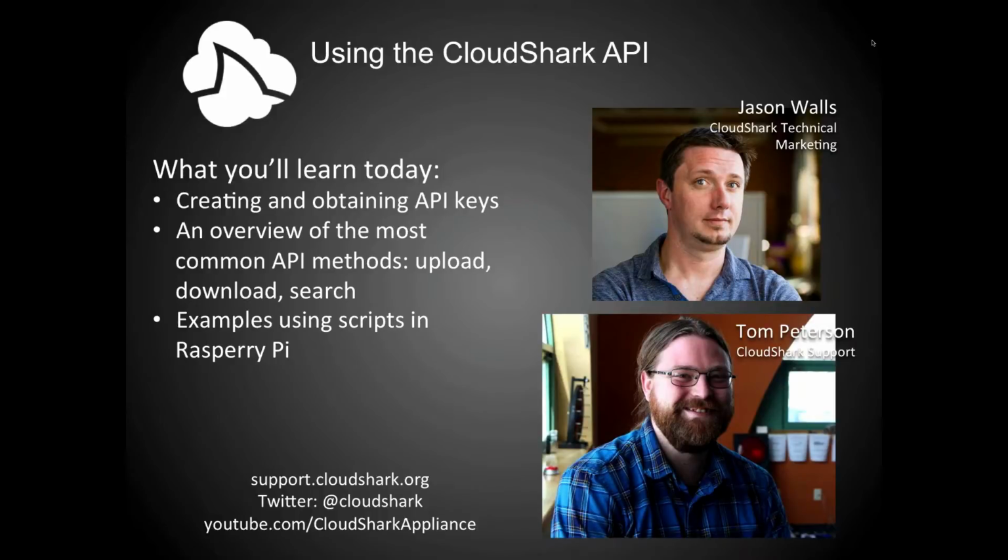So we'll show you the basics of how they work, and we'll show you some examples that you can use in Linux. And we'll actually be doing it on a Raspberry Pi, which is neat because you can actually deploy something with this script. And if you're able to log into it, you can actually kick off a capture remotely and upload the results to CloudShark.